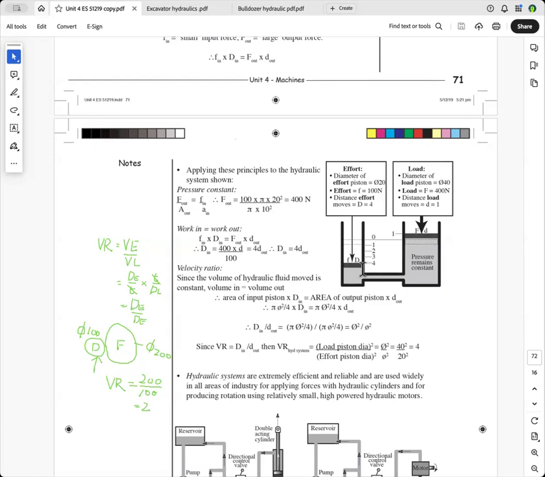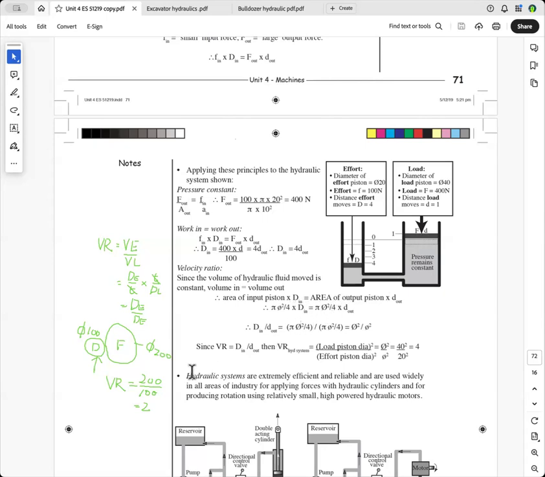And so the volume of the fluid from here is exactly the same as the volume of the fluid over there. So the volume of the fluid is area times distance, just like the area of a cylinder. And this is the input, so it's big D. And then on the other side, this is the area of the output piston. So that's going to be a big area multiplied by a small distance. And they'll be equal. The volumes will be equal.